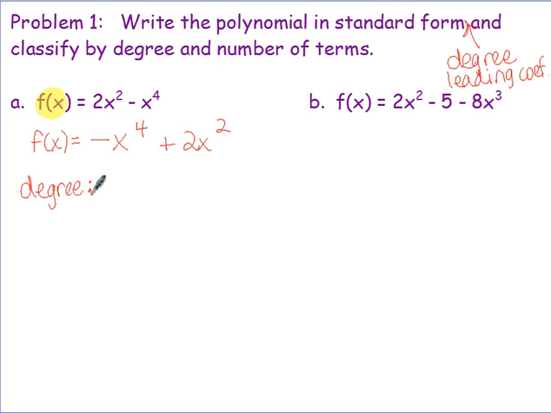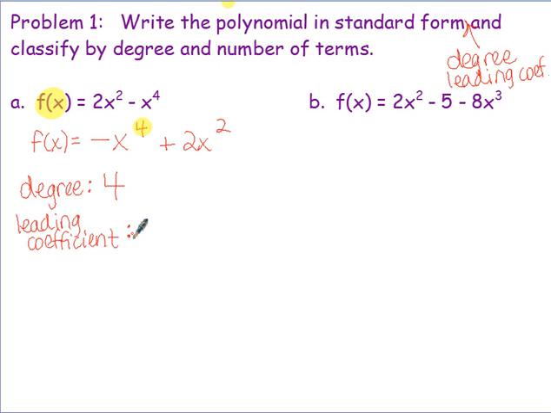The next thing I asked you to give me was the degree. The degree, if you have to look back on the definition, is the highest exponent. Well, what is the highest exponent in this problem? It is the number 4. So my answer is 4. I then want to know what is the leading coefficient.